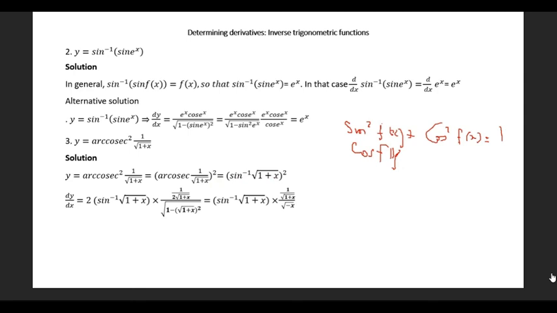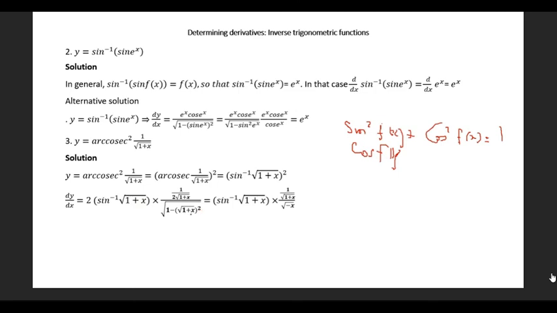Okay. Right. Thank you. From there, if y is equal to this, it is arc sine of this all squared. So dy/dx is going to be 2 times that to the power 1, and then we multiply by the derivative of what is inside. The derivative of arc sine has the square root sign, 1 minus, and then whatever we have here is the very same thing that we are going to square.